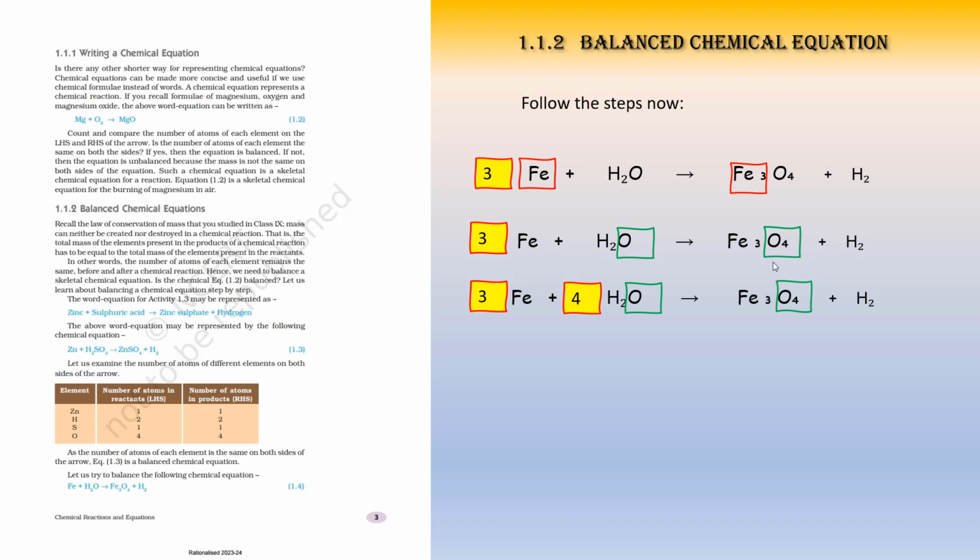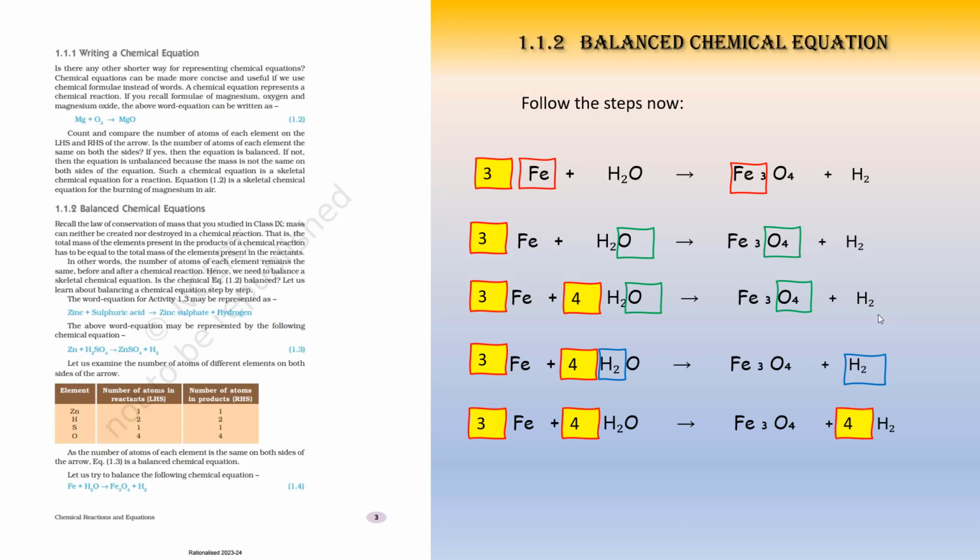But in this bargain, what happens is your hydrogen becomes 4 into 2, which is 8 atoms total, 4 molecules and 2 atoms each, therefore it becomes 8 atoms. While in this case, hydrogen is just 2 atoms. So it needs to be balanced, right? So what should we do for that?